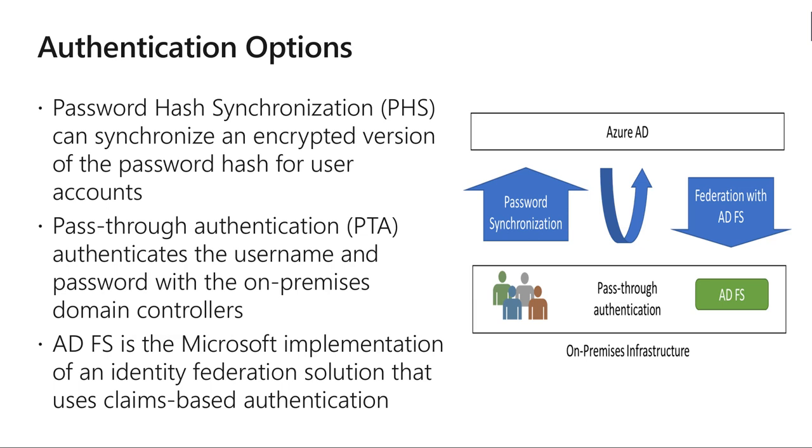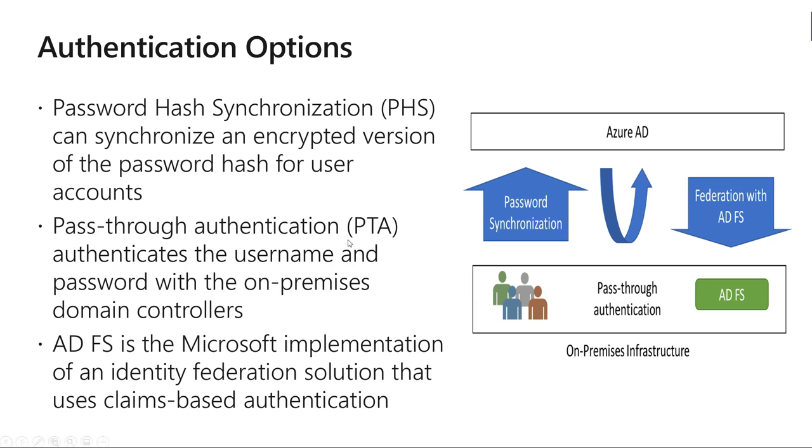So authentication-wise, we have PHS, password hash synchronization, and pass-through authentication. This one is new. I think Microsoft announced it at the end of 2017. It was a preview, and in early 2018 it went GA and customers started using this. So why did Microsoft deploy this PTA?